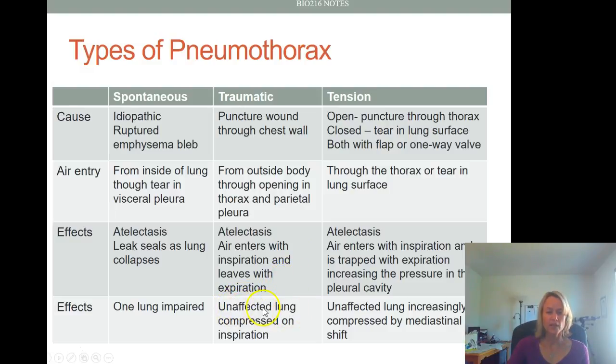The unaffected lung becomes a little compressed upon inspiration, but then that air leaves with expiration. And in a tension pneumothorax, once again we have atelectasis. Air enters with inspiration. It gets trapped with expiration, increasing the pressure in the pleural cavity. And the unaffected lung increasingly gets compressed by this mediastinal shift.